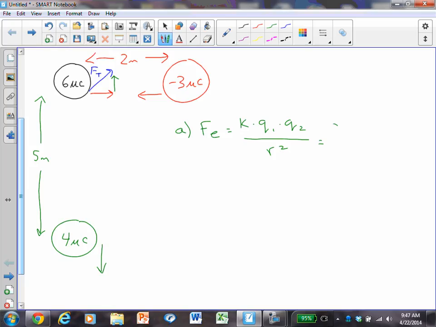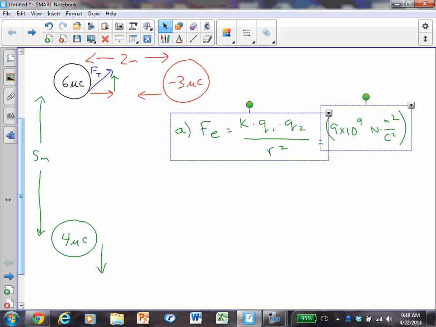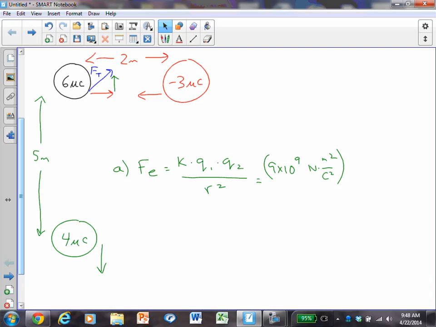Nine times 10 to the ninth newtons times meters squared over coulombs squared. So I like to remember it as 9E9, right? That's how you'd put it in your calculator. 9E9. That helps remember it.